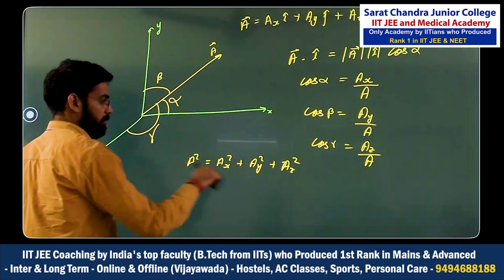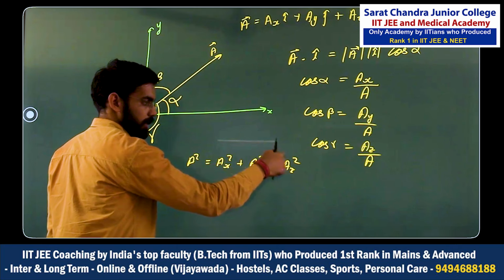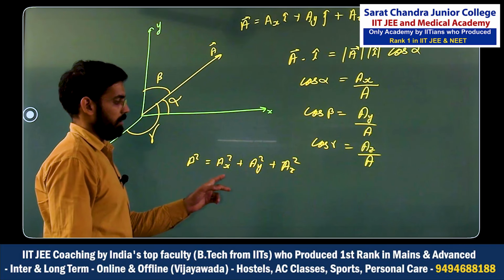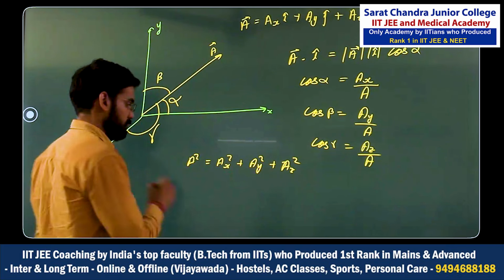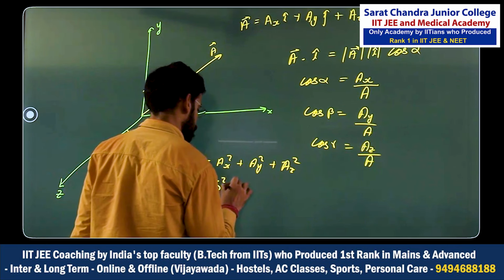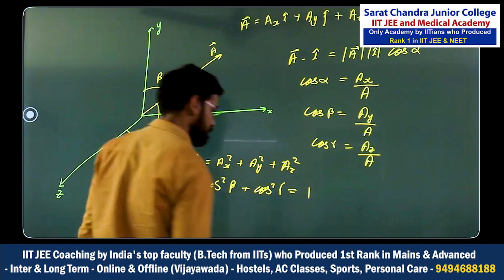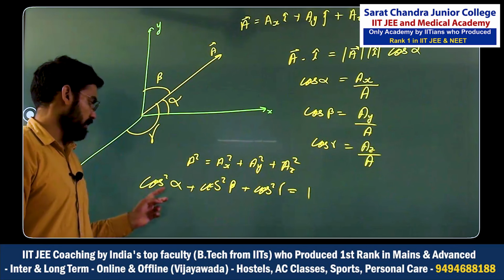Divide by A square on that side: (Ax by A) whole square, (Ay by A) whole square, (Az by A) whole square, right? Ax by A is how much? Cos alpha, cos beta, cos gamma. So we can say cos square alpha plus cos square beta plus cos square gamma is what? 1.